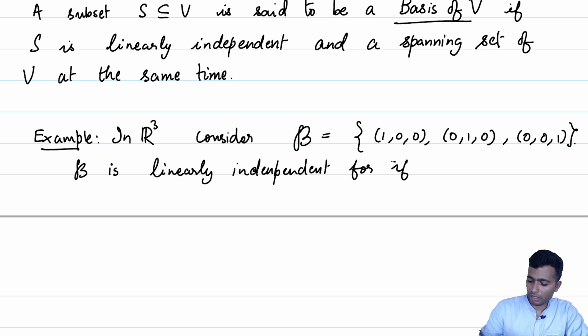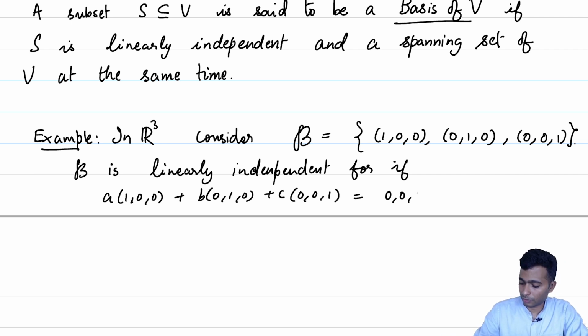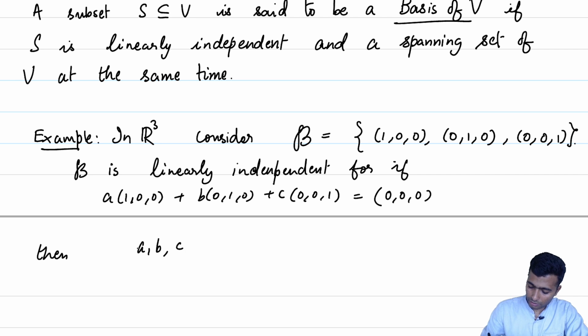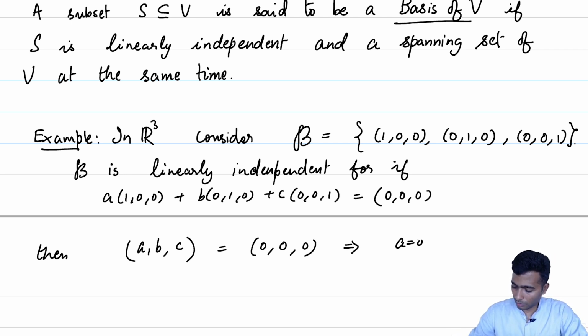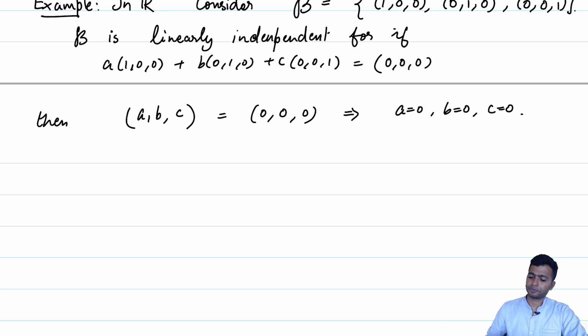For if a times (1,0,0) plus b times (0,1,0) plus c times (0,0,1) is equal to the 0 vector, then the left-hand side will just turn out to be the vector (a,b,c) being equal to the 0 vector, and that means coordinate-wise it is equal to the coordinates of the 0 vector, and therefore we are done with the linear independence.